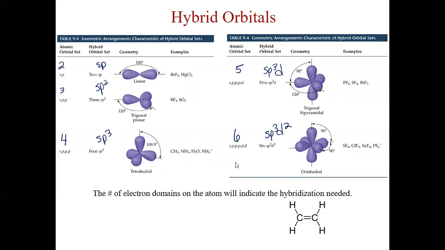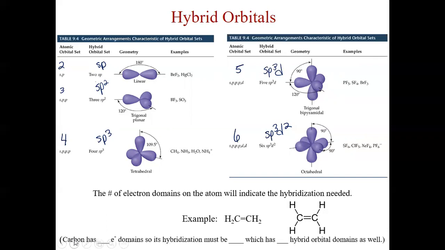So when we look at this molecule, C2H4, and we look at each carbon, each carbon has 1, 2, 3 electron domains. So the hybridization must be sp2.